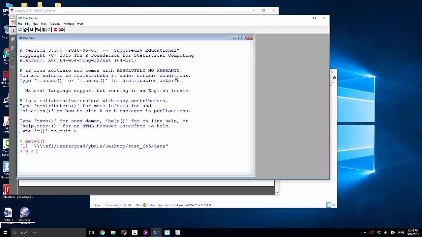I'm going to say y is rnorm, r for randomly generate numbers from the normal distribution. Let's do 5,000 draws from the normal distribution with mean 0 and standard deviation 1.